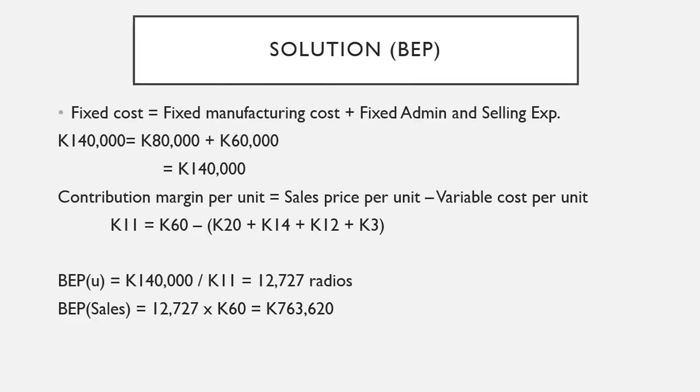So the solution: we have to determine first how much will be the fixed cost. The total fixed cost in this case will be 140,000 kina. The contribution margin per unit, you can determine by getting the sales price per unit less the variable cost per unit. The sales price per unit is 60 kina, and for the variable cost per unit, we have to add all the variable costs and expenses that we will incur in producing this product.